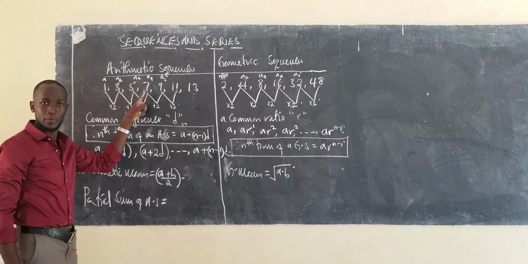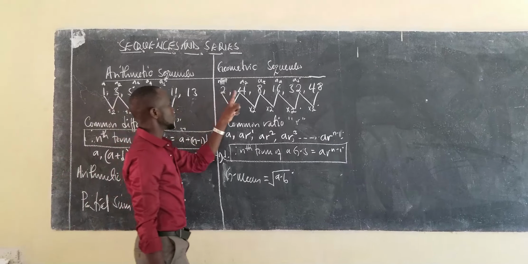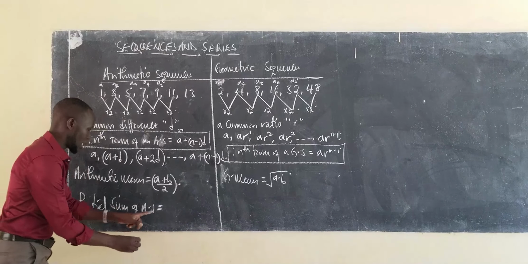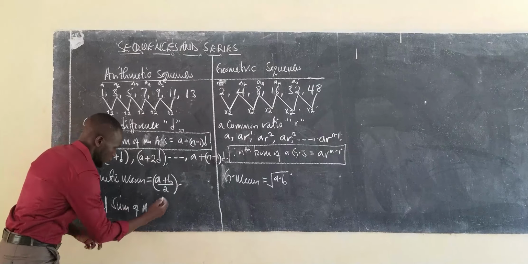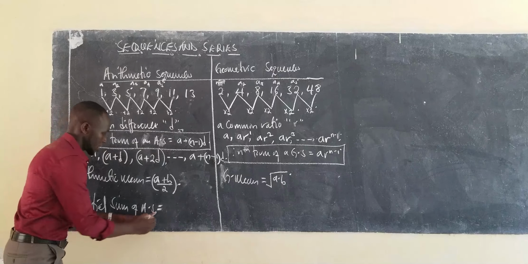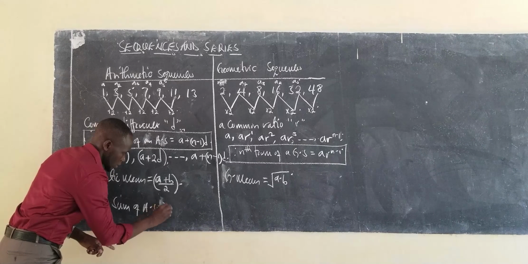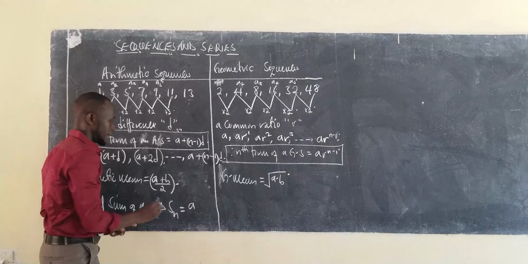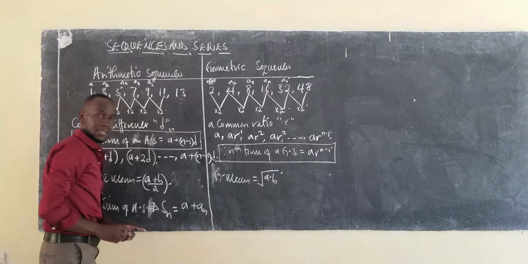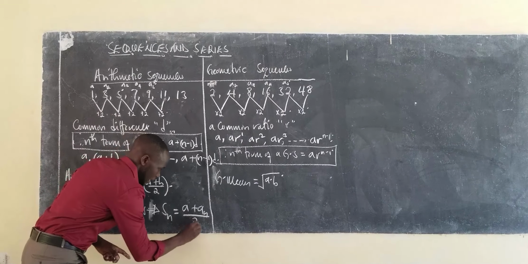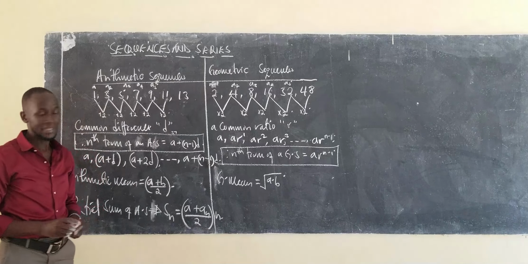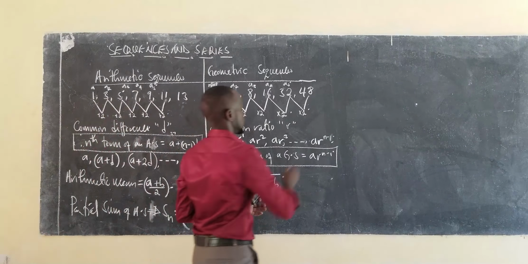How do you get that? The partial sum of an arithmetic sequence is equal to the first term plus the last term, divided by 2, and multiplied by the number of terms.